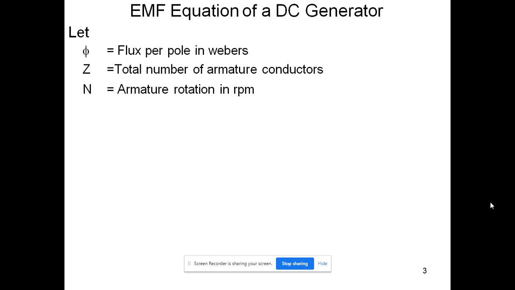of conductors between the poles, and the speed of this rotation is indicated by N, and the unit is RPM. RPM is nothing but rotations per minute. That is number of rotations per minute.